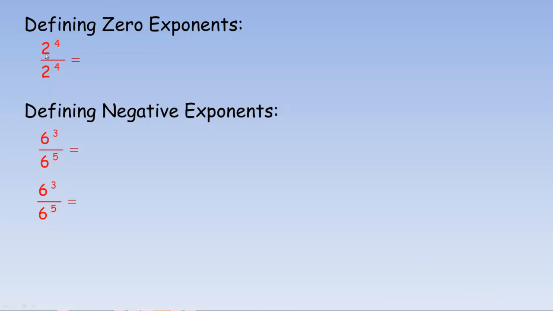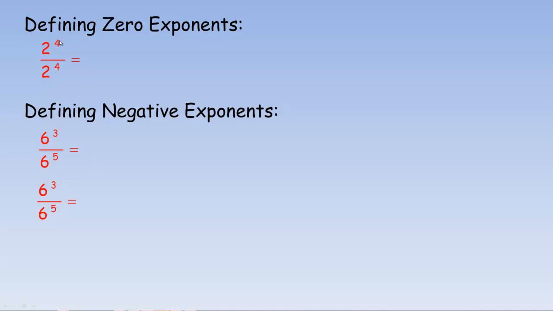So zero exponents. Now, I don't have to use a base of 2. I could use any number whatsoever. So I've got 2 different examples here. One uses a base of 2, the other one uses 6. There's no particular reason I used 2 and 6, I could have used any number I wanted. So I'm going to evaluate this 2 different ways.